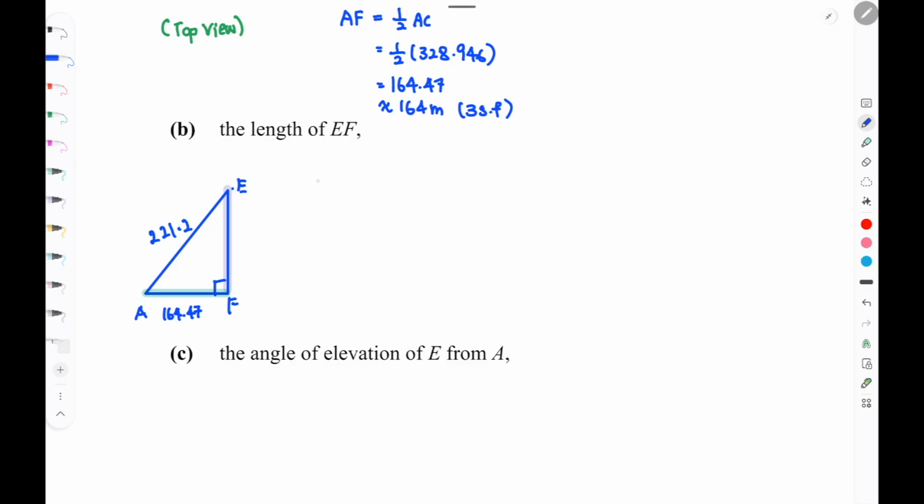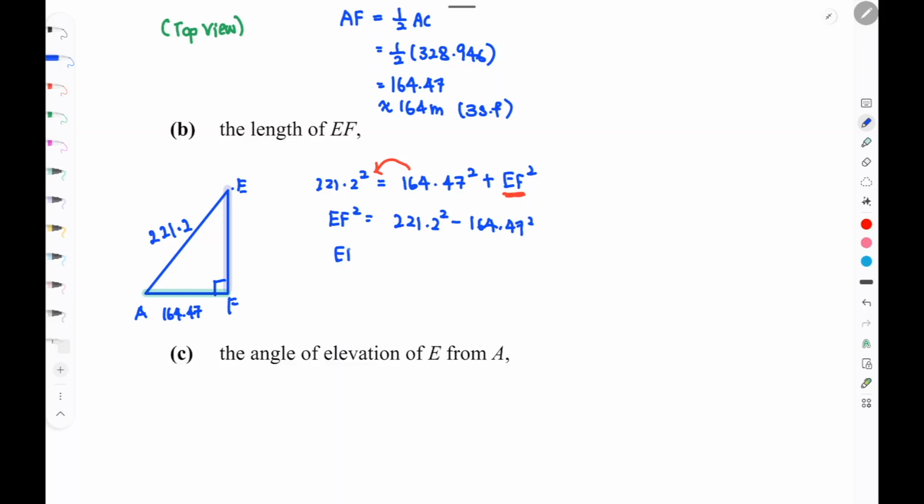So what I will do, 221.2 square equals to 164.47 square plus EF square. I make EF my subject. I bring 164 over. So EF square equals to 221.2 square minus 164.47 square.